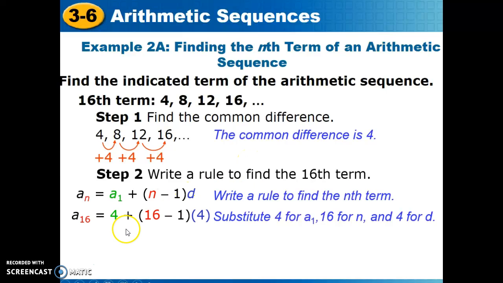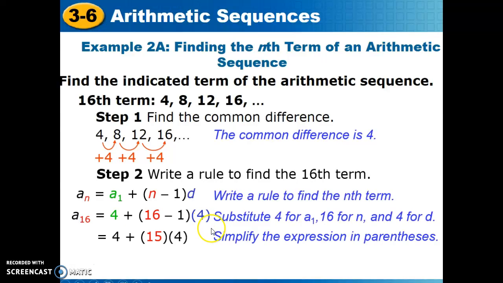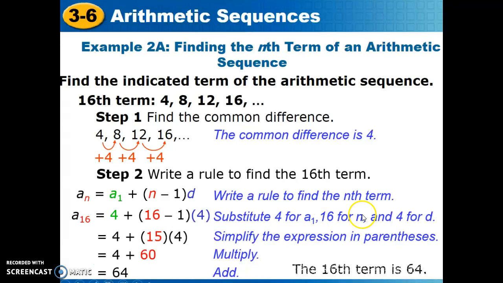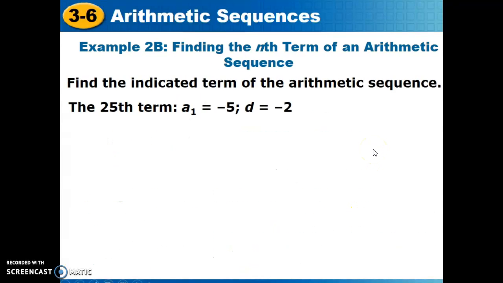Now it's simple computation. Parentheses first, 16 minus 1, times 4, 15 times 4, plus 4, gives us our 16th term, 64. Easy, easy. The 16th term is 64.